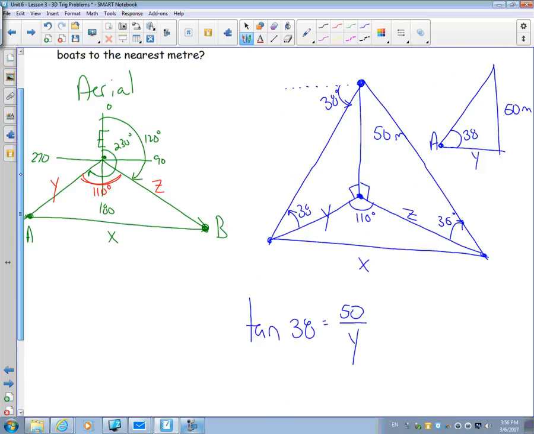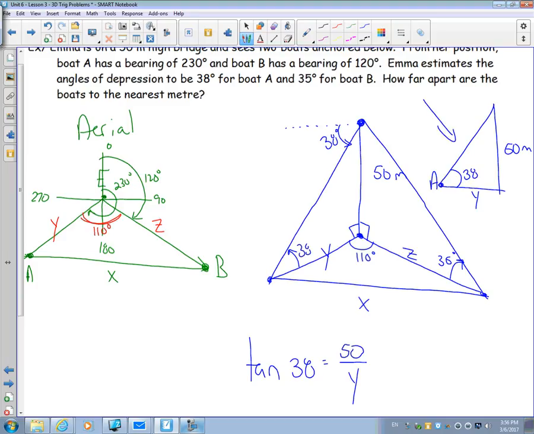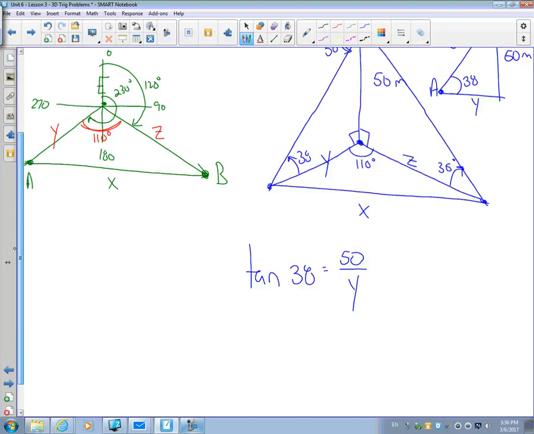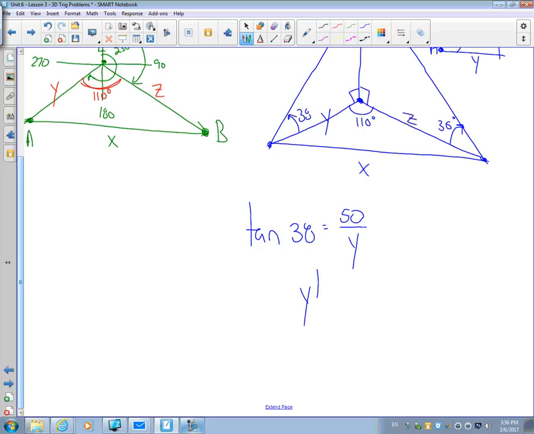I'm using this little side triangle right here. I need to solve for y. I'm going to cross multiply this. y tan 38 equals 50. So y is 50 over tan 38. And I know that boat A is 63.997 meters from Emma.